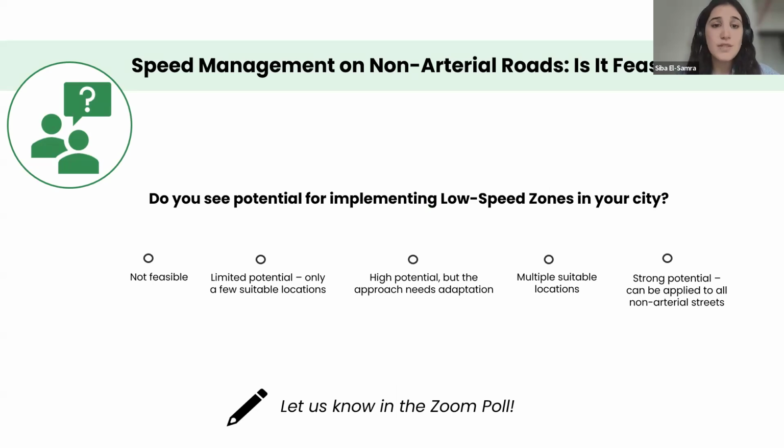The options are not feasible, or limited potential, so you can see it feasible only on some suitable locations, or there's high potential, but the approach needs some adaptation and support. Is there multiple suitable locations that you have identified and you know for a fact that you'll be able to implement? Or lastly, there's strong potential that all of these interventions will be applied to all non-arterial roads on your streets. So I'll give you a minute to answer or start looking out for questions.